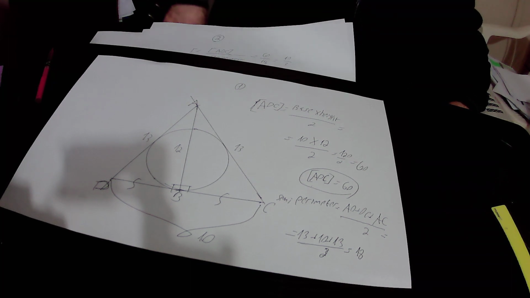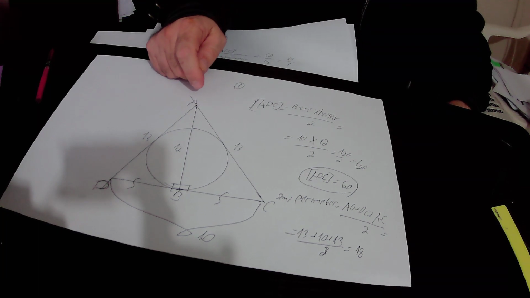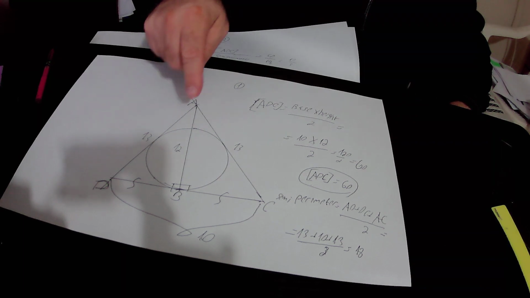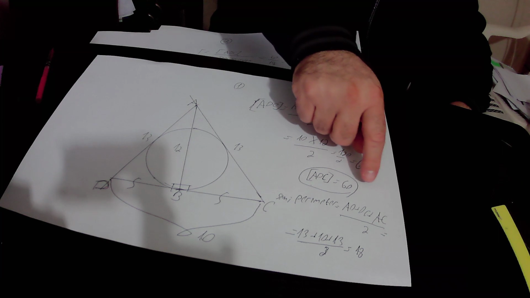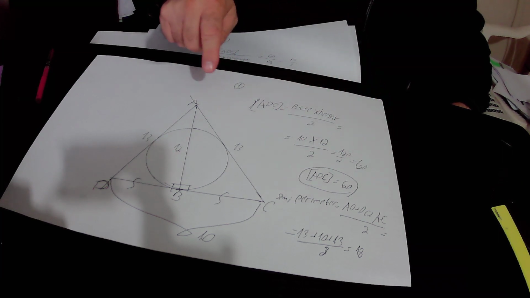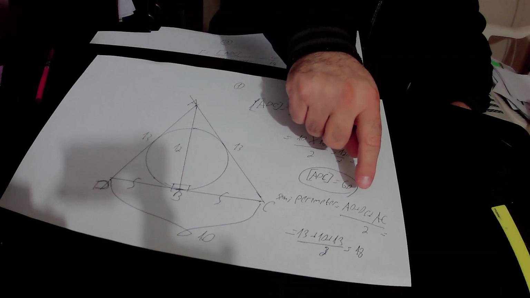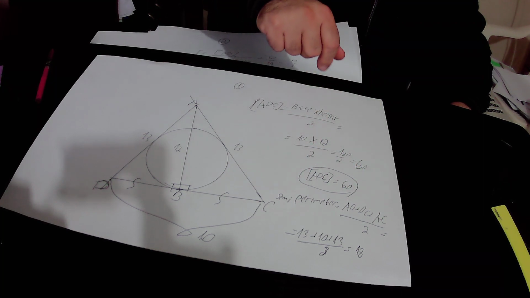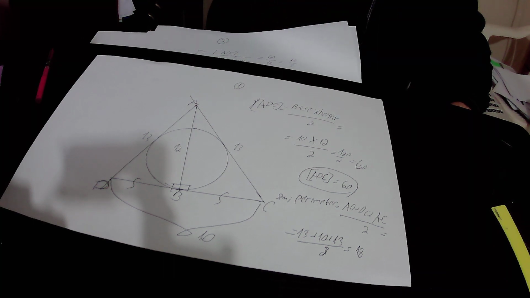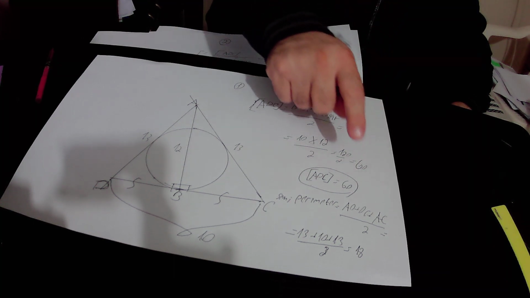And the semi-perimeter of any triangle is equal to the perimeter over 2. The perimeter of this triangle ADC is AD plus DC plus AC. We divide the perimeter by 2 in order to get the semi-perimeter, so the semi-perimeter equals AD plus DC plus AC over 2.